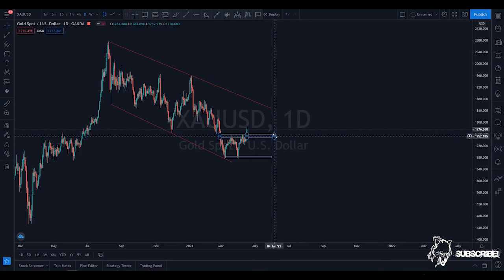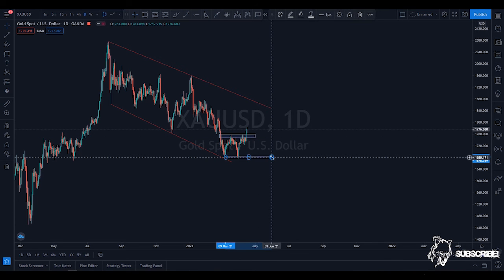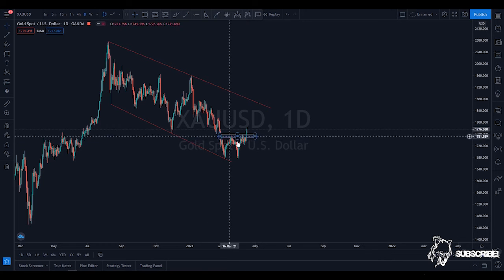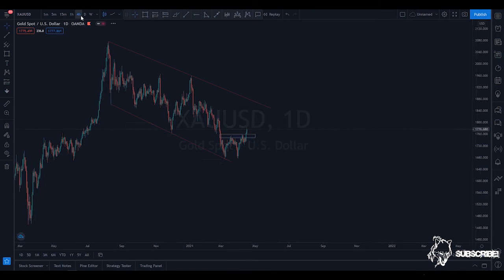So meaning now the market has finally broke out the resistance. We can remove that one.